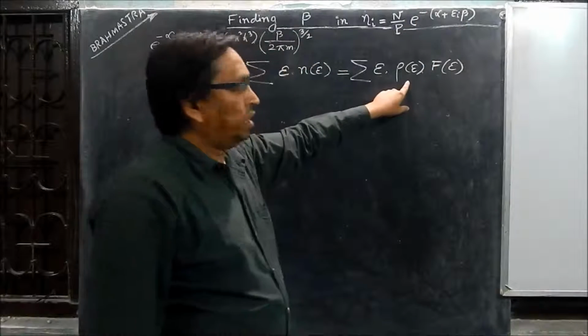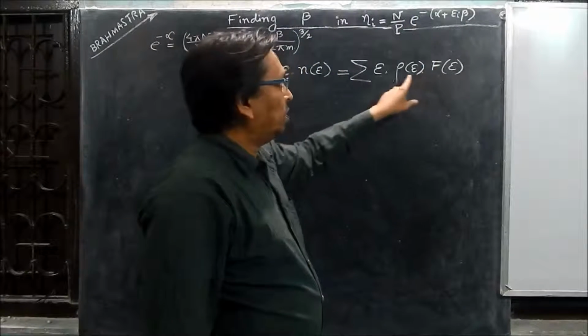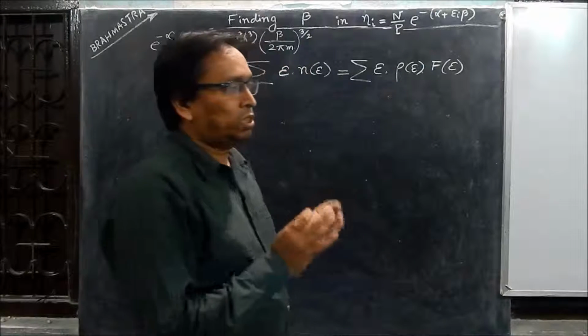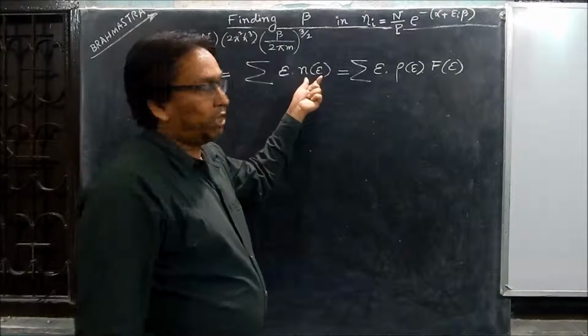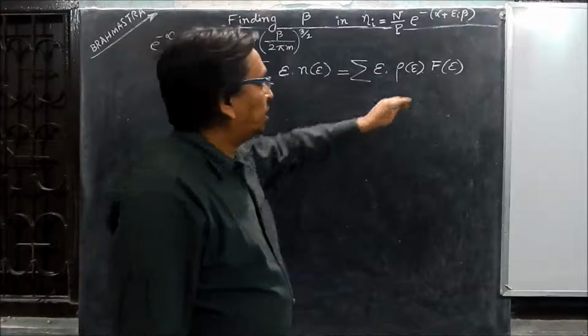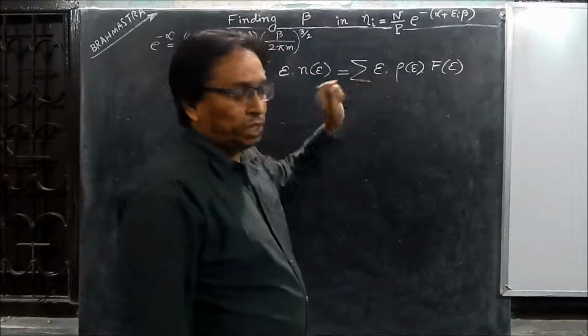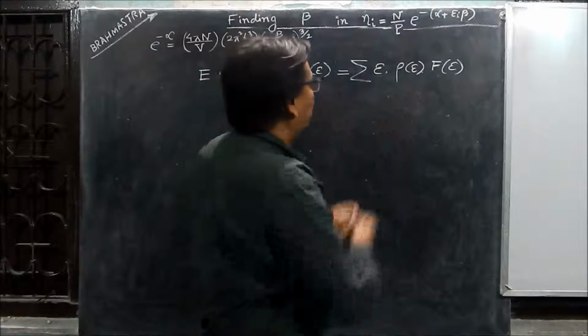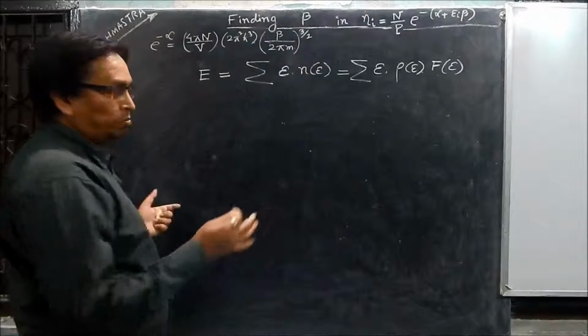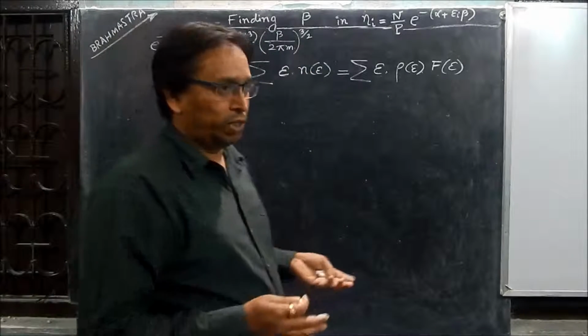So the multiplication of these two is the number of particles having energy epsilon, and this multiplied by the energy of a single particle should give the total energy of the n particles of the system.